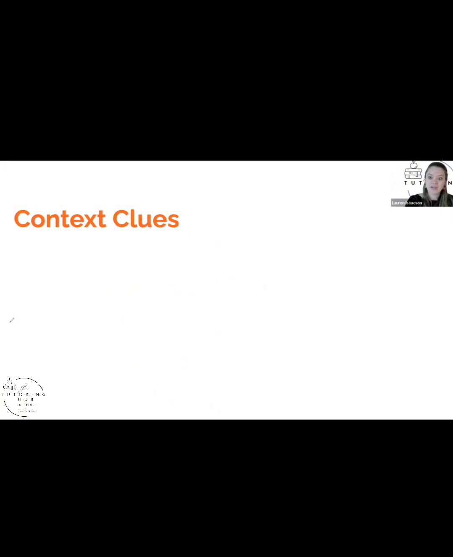So, here is what I want you to take away from this mini lesson. When you're using context clues, I want you to remember this phrase or sentence starter.